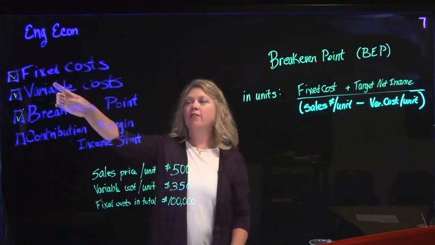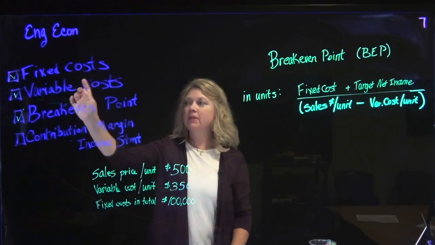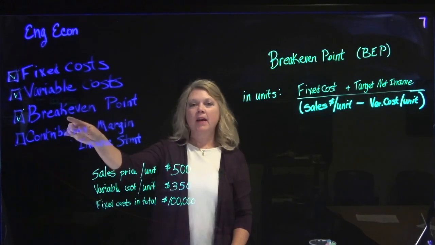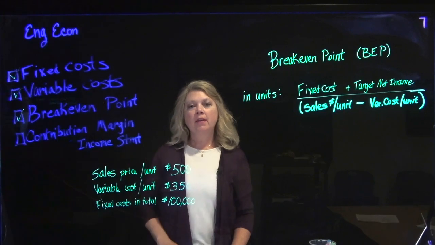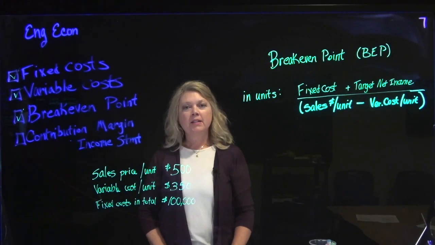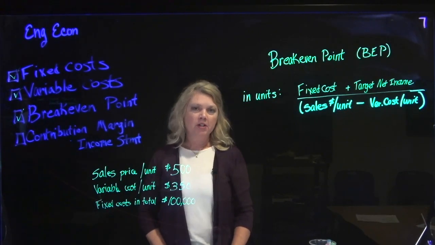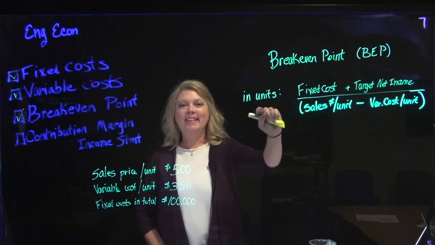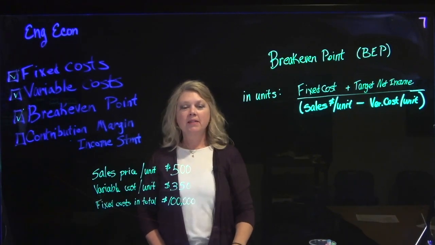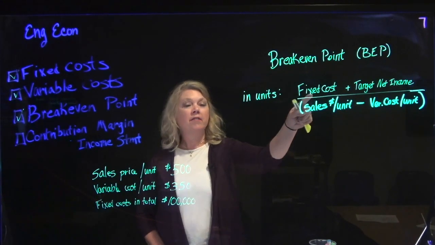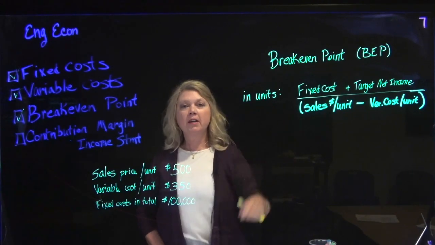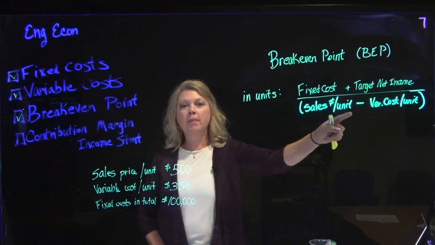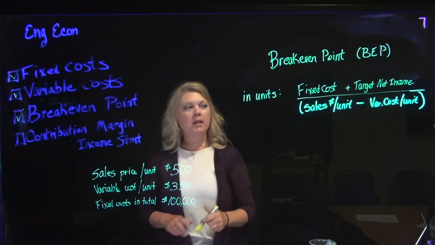All right, we've gone over fixed cost definition and examples, variable cost definitions and examples, and break-even point using the graphical method. Let's find break-even point using equations now. The break-even point in units, BEP in units, is calculated by this equation: fixed costs in total plus target pre-tax net income, divided by sales per unit minus variable cost per unit.